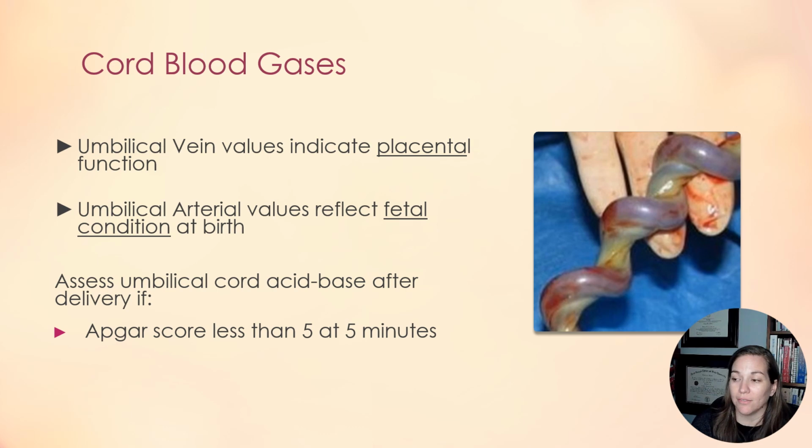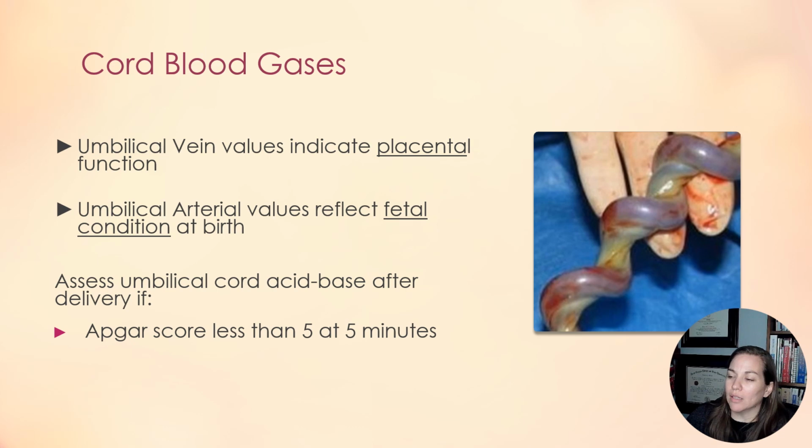That's going to tell us the fetal condition. So the umbilical artery is the value that will best tell us the acid-base status of the baby at delivery. Again, this can be a complicated thing to wrap your head around, but the more you hear it, the more you think about it and visualize it in your mind, you can imagine that.